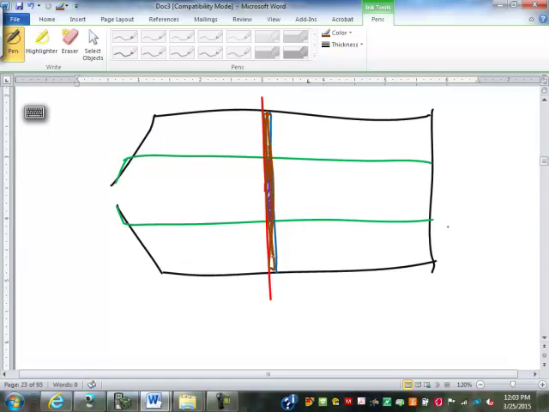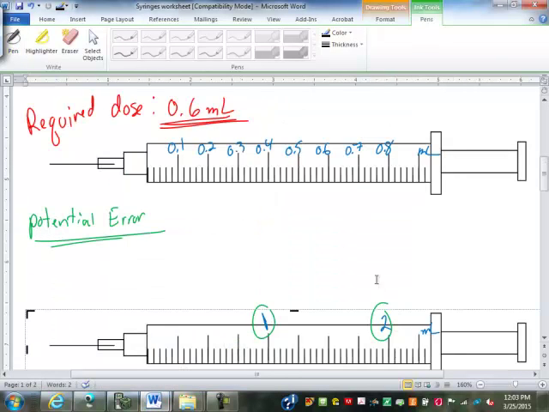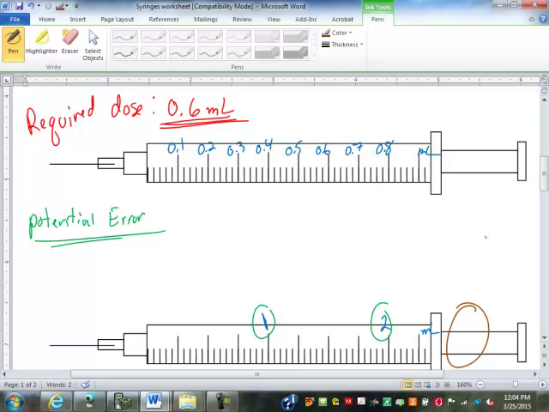So on the fatter syringe, or the syringe that goes up to the higher numbers, like this second one here, being off by the same distance is a larger volume of medication. Up here, of course, since that's a thinner syringe, I realize these are all the same size, but a thinner syringe being off by that distance is going to be a smaller volume of medication.